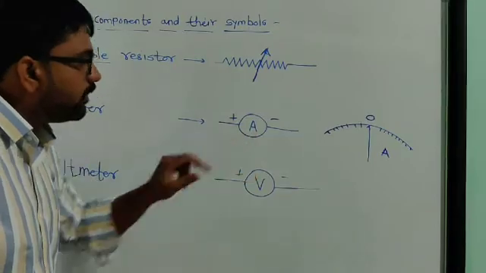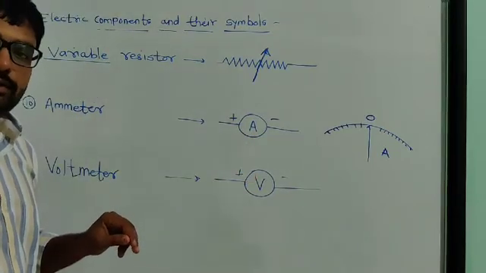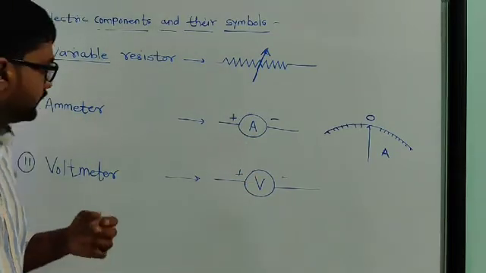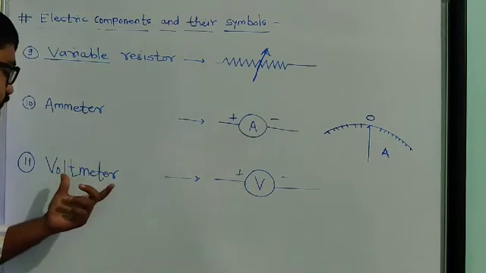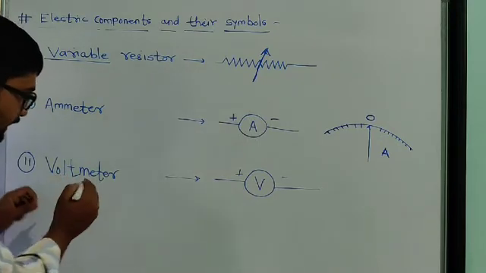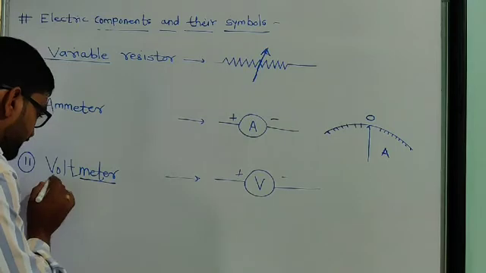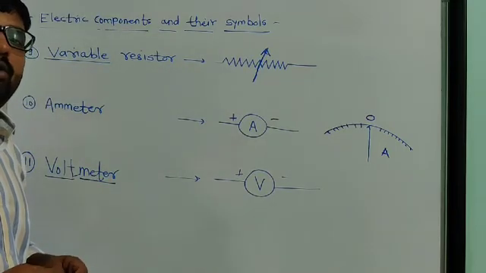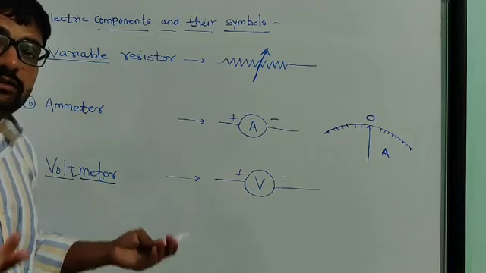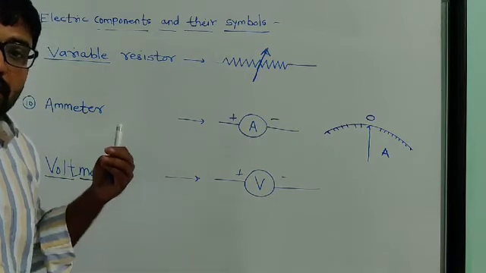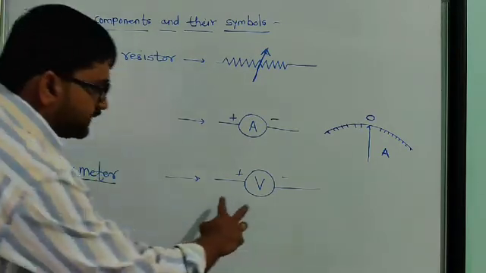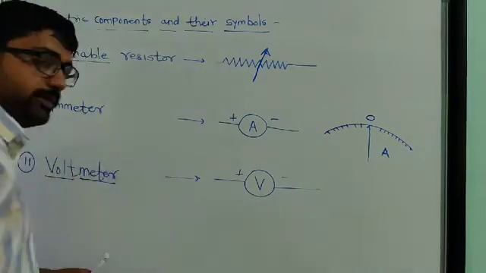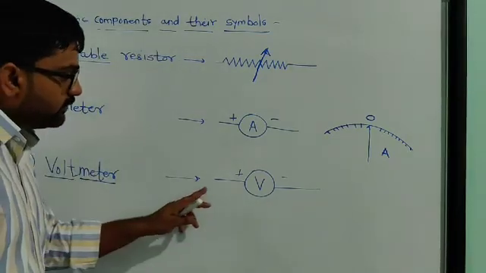And this is the symbol of the ammeter. The picture is given in the book. Next is the voltmeter. Simply, here it is a meter. What does it measure? Volt, which means voltage, and voltage means potential difference. This is the symbol of the voltmeter.